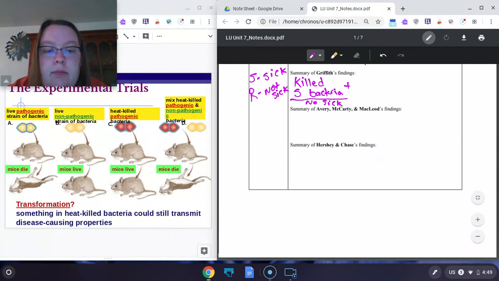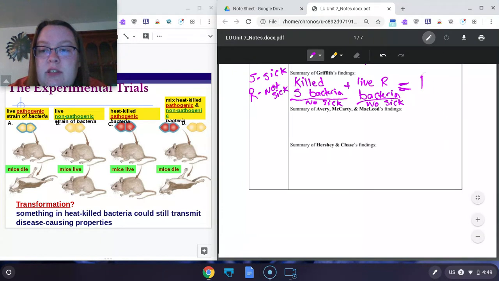He proved that in experiment C. He mixed that killed S bacteria with live R bacteria, or bacteria that don't make you sick. Normally, this type of bacteria does not lead to sickness. He proved that in experiment B. He noticed when he mixed them together and injected it into the mice, it equaled death.